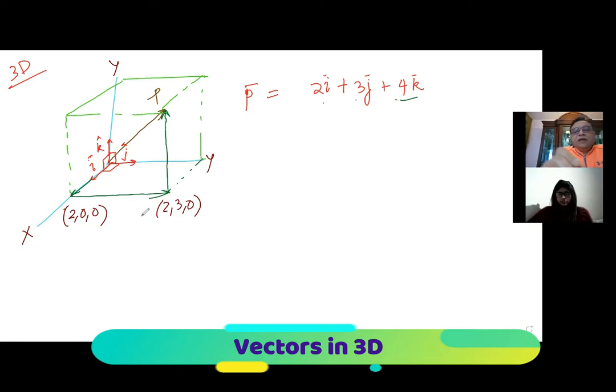And when you went up, you came to the point 2, 3, 4. Does it make sense to you? What will be the coordinate point of this? You could come directly to y without moving along x or z, right? So that coordinate point will be 0, a y value of 3, and 0.